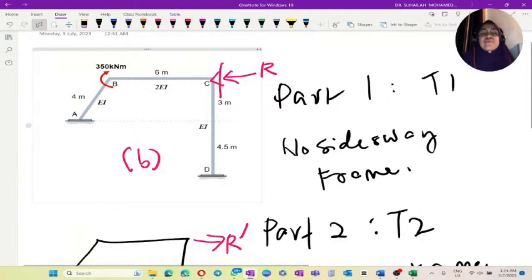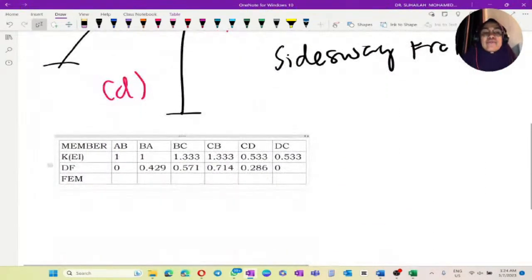So we have to go back to the concept where we understand that the moment that we distribute in the table is actually joint moment. So when we have fixed end moment, we distribute the moment.